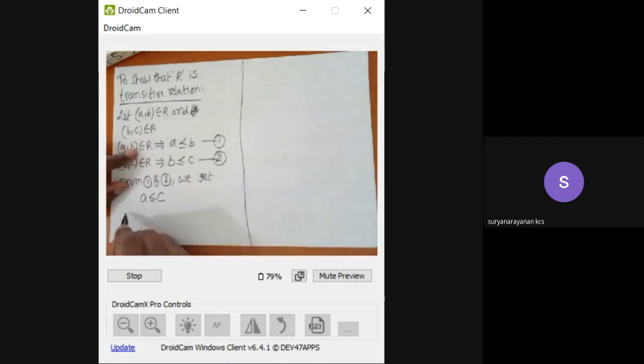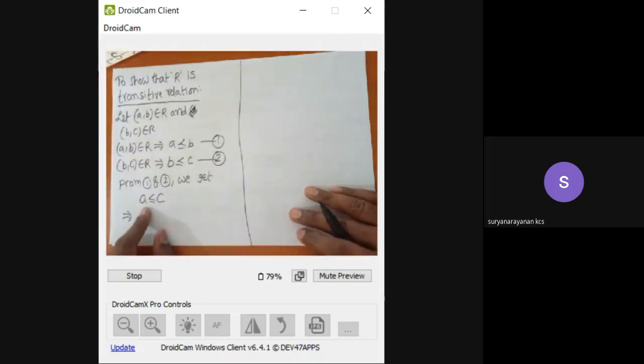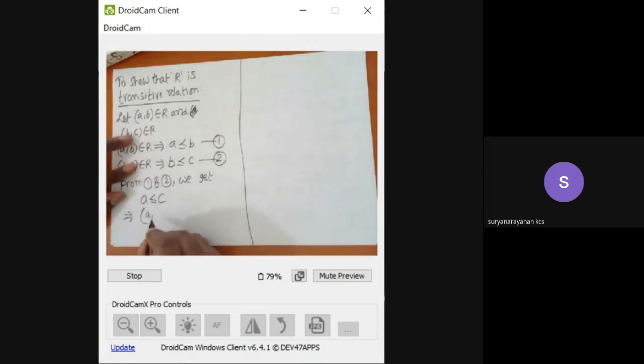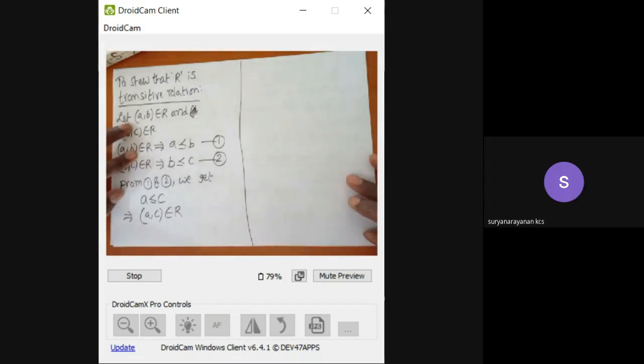This implies, how can you write this relation between A and C? Ordered pair A comma C belongs to R. A is less than or equal to C implies ordered pair A comma C belongs to R. Yes, we can write.